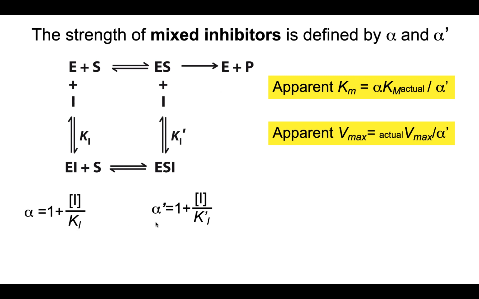And alpha prime takes into account the inhibitor's affinity to the enzyme substrate complex. So what we get here is that the apparent Km, the Km in the presence of the inhibitor, is equal to alpha times the Km divided by alpha prime. The apparent Vmax, the Vmax that you see in the presence of the inhibitor, is equal to the actual Vmax divided by alpha prime.